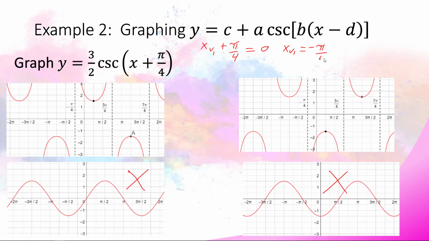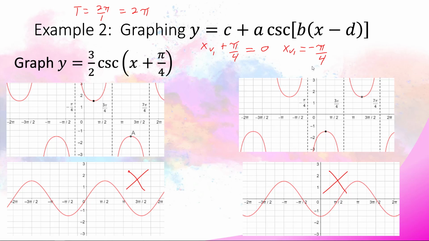Now there was something that I forgot to do. What is that? I forgot to compute the period. Well, the period is going to be 2 pi divided by b. Well, b is basically implied to be 1 here, so our period is 2 pi. And our half period is pi. So, like I mentioned before, this is the leftmost vertical asymptote.